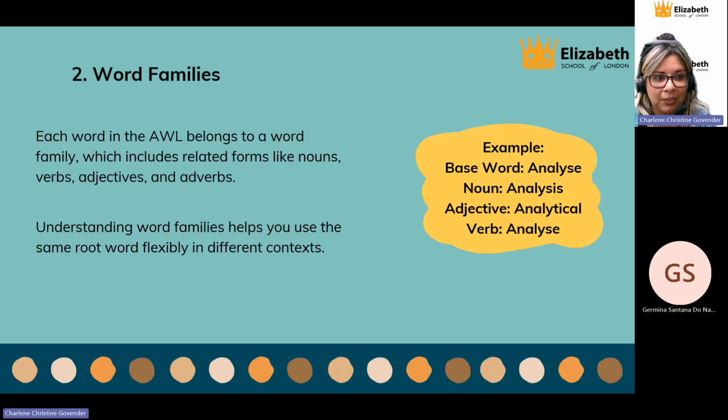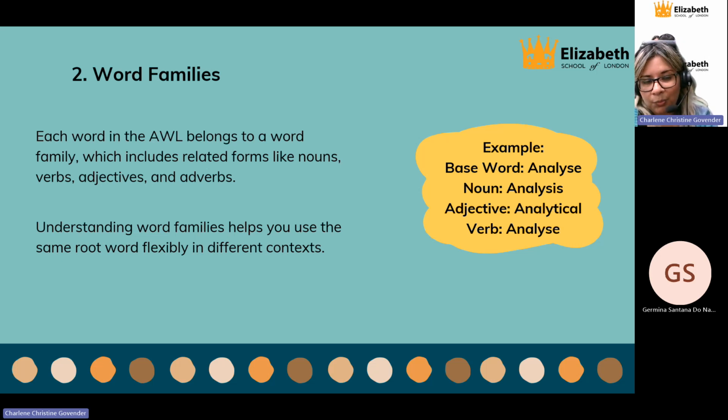Okay, with the words in the academic word list, they all have a word family and they have related forms such as nouns, verbs, adjectives, and adverbs. Okay, so you'll have all of those attached to your root word in your word list.